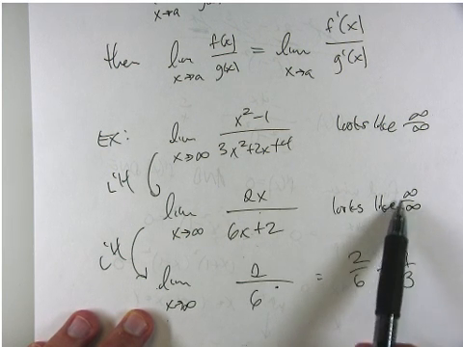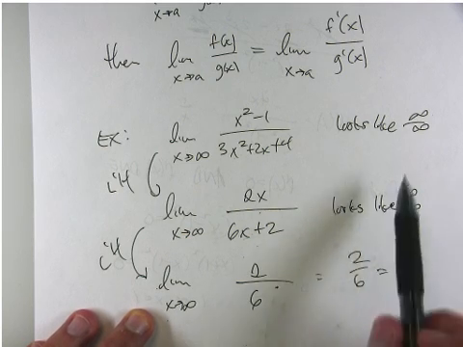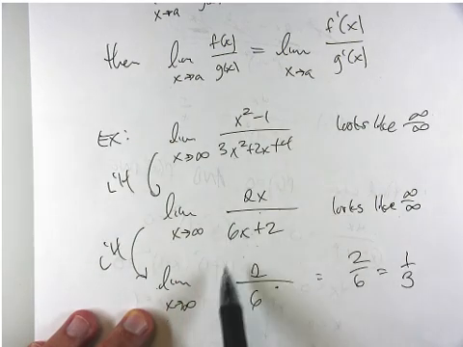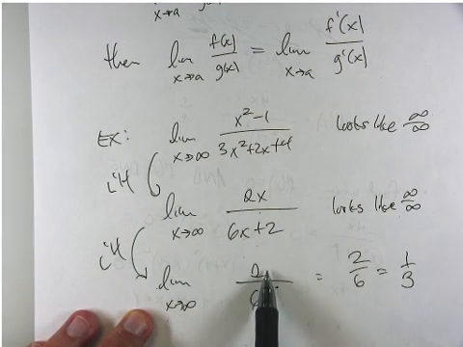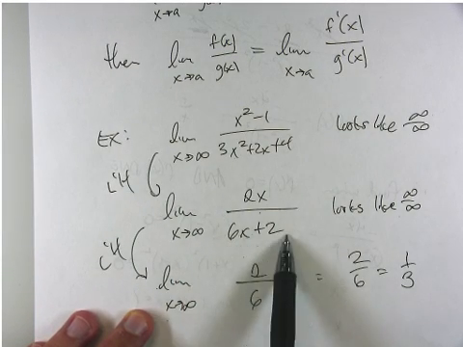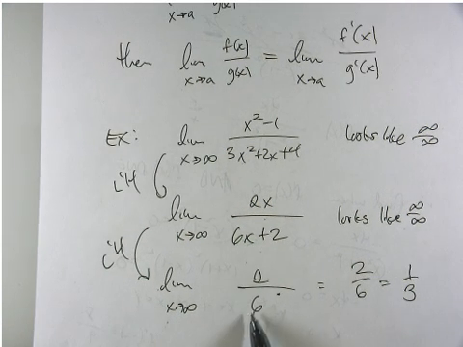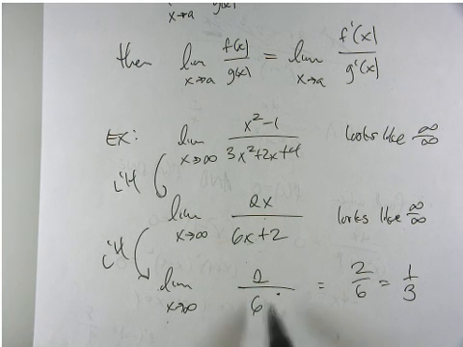It still looks like infinity over infinity. But I know that for infinity over infinity things, I can use L'Hopital's rule. So I took the derivative of 2x, which is 2, and the derivative of 6x plus 2, which is 6. So I just kept hitting it with derivatives until it didn't follow the rule anymore. It's not infinity over infinity anymore.